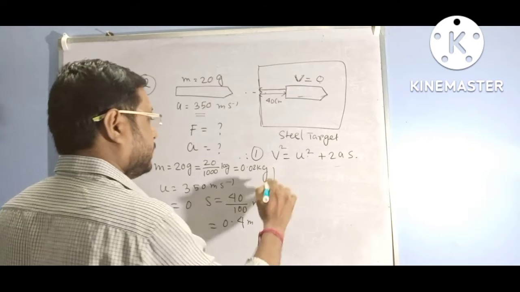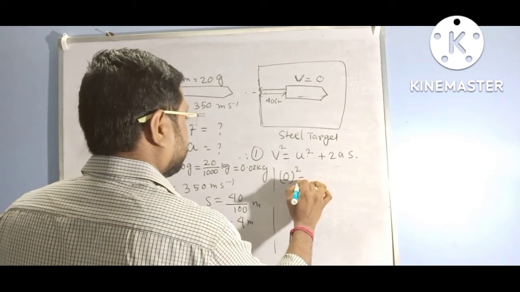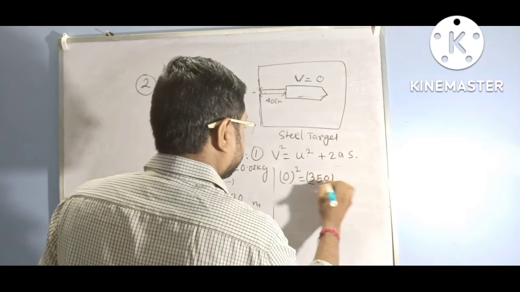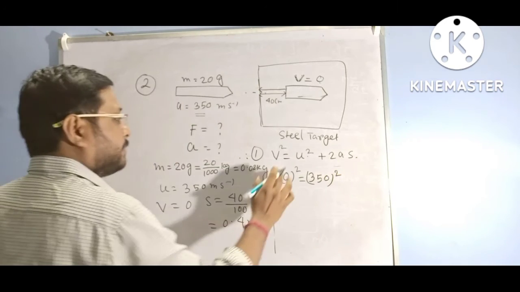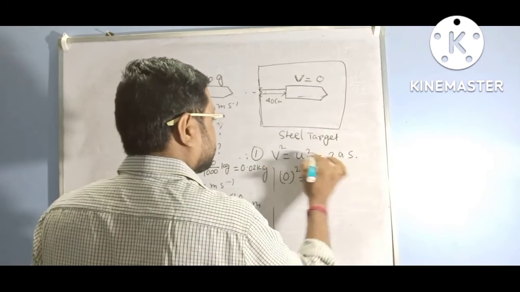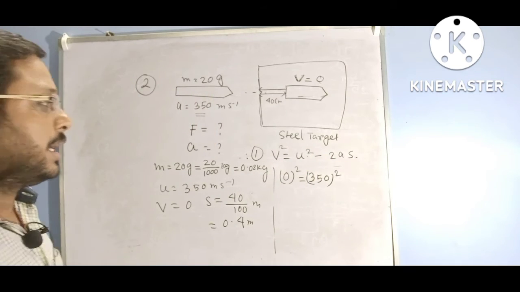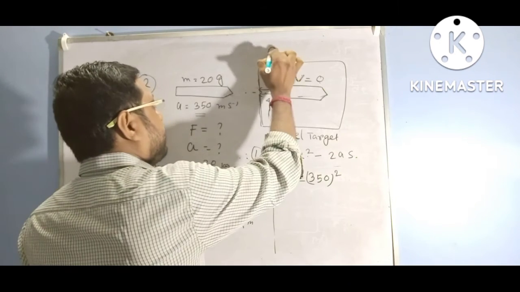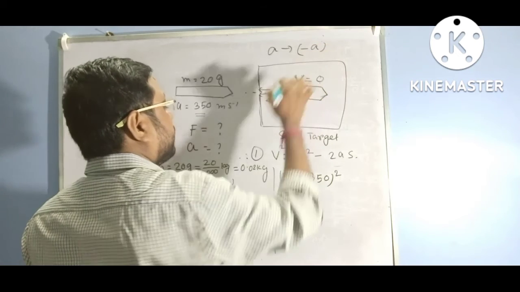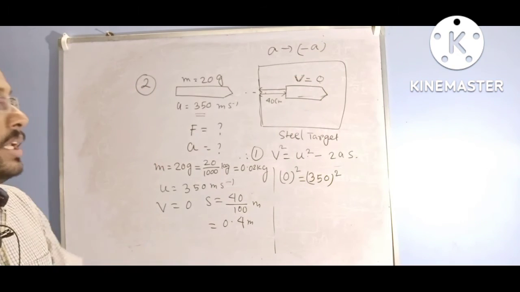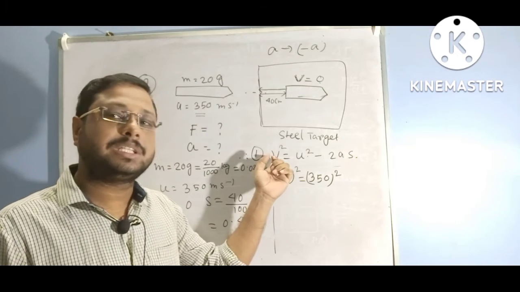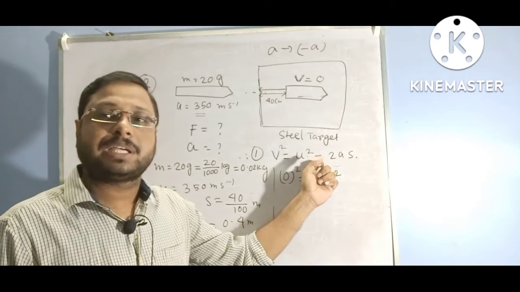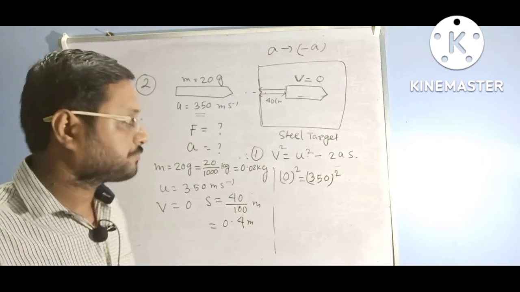Put all these values in this. V square equal to U square minus 2AS, because here A is negative. As the body comes to rest, A becomes minus A, so the equation has a minus sign. When the final velocity is less than the initial velocity, that is retardation, we use the negative sign instead of the positive sign.